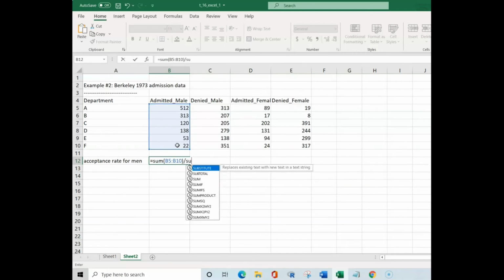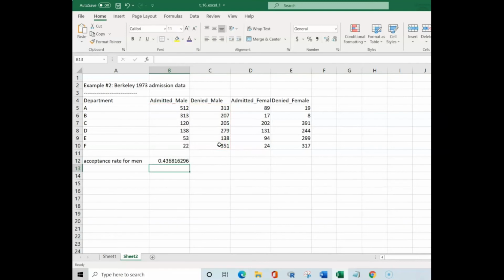So it's a summation of column B and column C. So roughly about 44%. So this is for men.